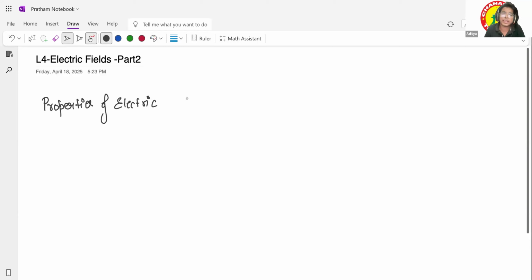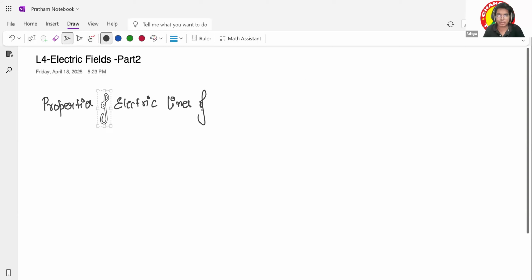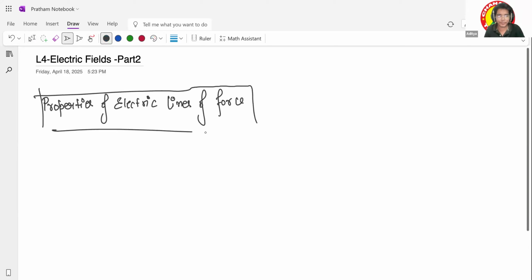I already told you the electric line of force is nothing but these lines. In some books you will see them as electric field, or somewhere you will find them as electric lines of force. So what are the properties? The first property is that the electric field starts from where?